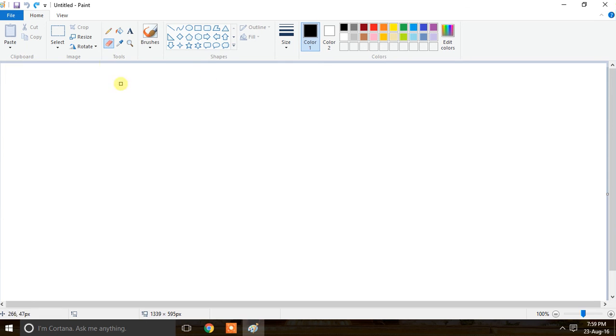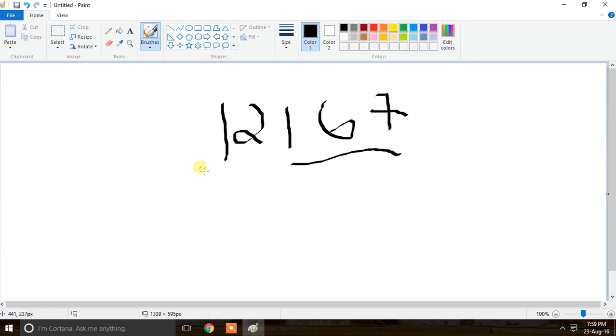So let's see for 12,167 now. What does 7 end with? 7 sevens are 49. No. 7 ends with 3, since 3 threes are 9 and 9 threes are 27. So it is 3. And what does 12 go between?